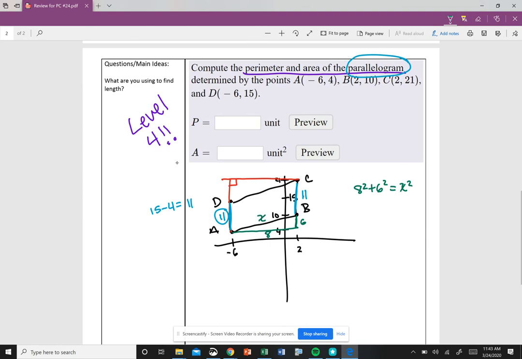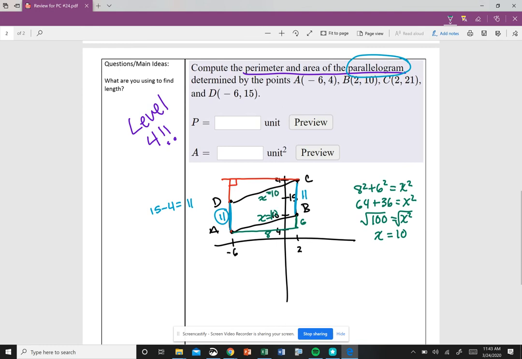That's whatever you want to call this. And remember, whatever that is, the opposite side is also. So 64 plus 36 equals x squared. I have 100 equals x squared. If I take the square root of both sides, I end up getting x equals 10. So I know that this is 10 long, which makes this also 10 long.